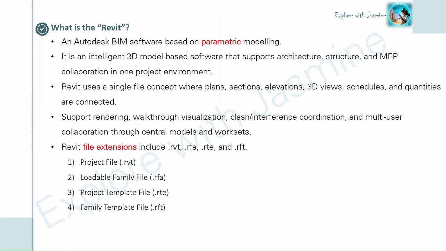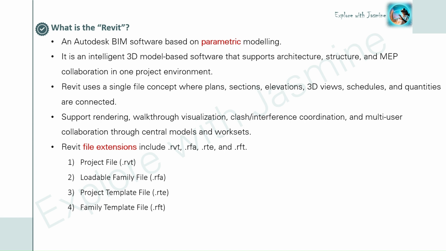What is Revit? Revit is a BIM software developed by Autodesk, and it's based on parametric modeling technology. Unlike traditional CAD drafting, Revit uses intelligent 3D model-based elements where all project information is connected together.